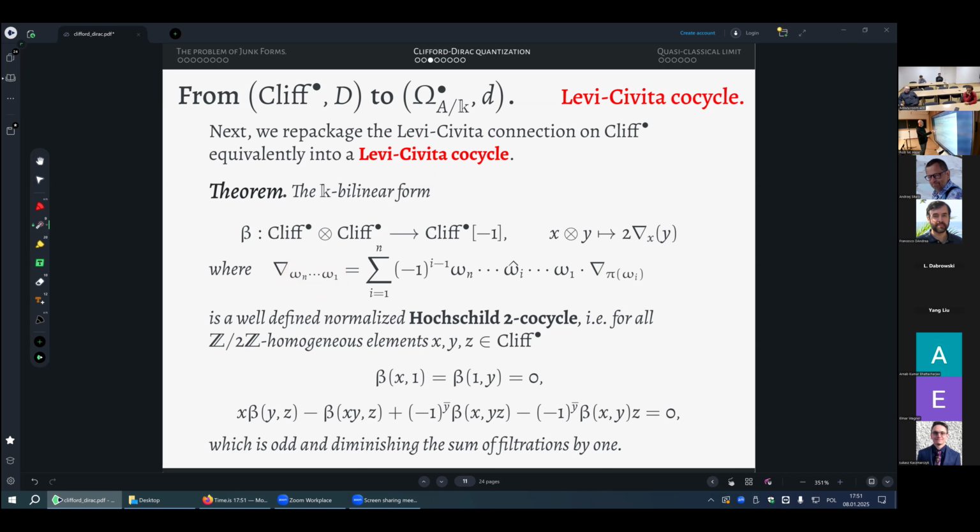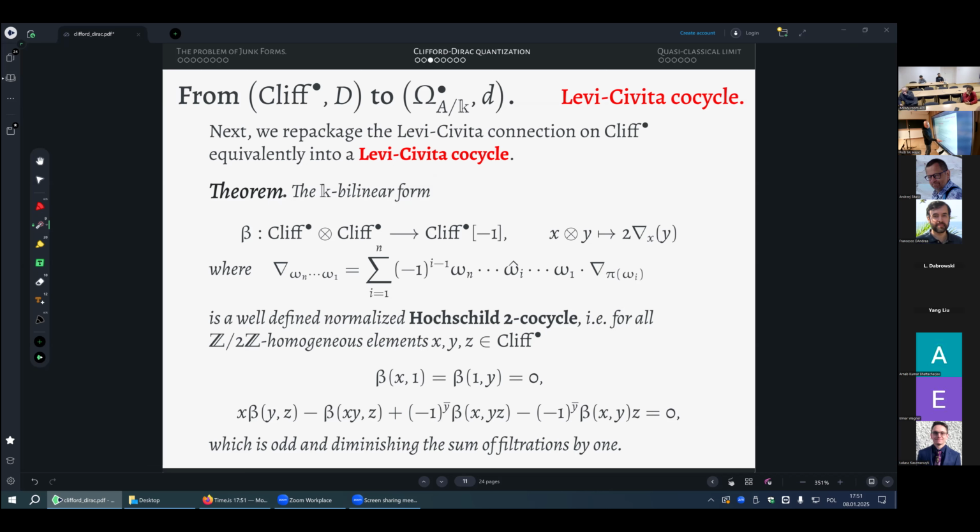And for two elements of the Clifford algebra, x and y, we can apply such a combination with use of this operator here. Okay. It turns out that, first of all, it's a well-defined and normalized two-cocycle on the Clifford algebra, which means that it satisfies the system of equations.